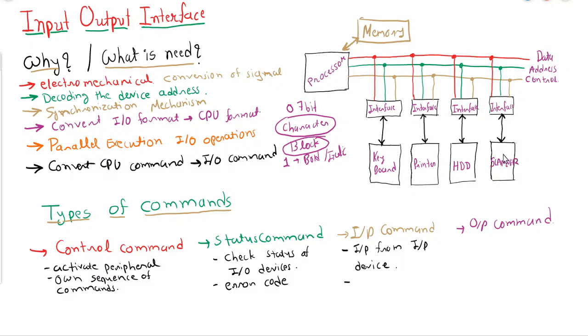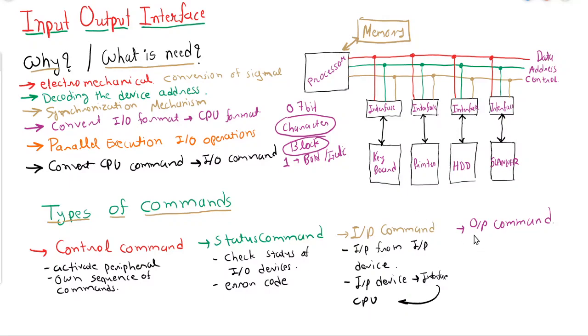The scanner will start reading the image, and whatever binary data there is will be stored in the interface, and from the interface it will be forwarded to the CPU. So, input device to interface to CPU.